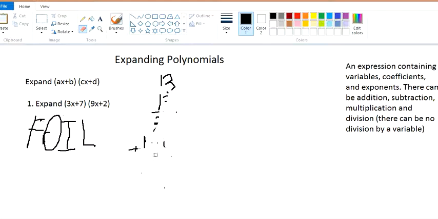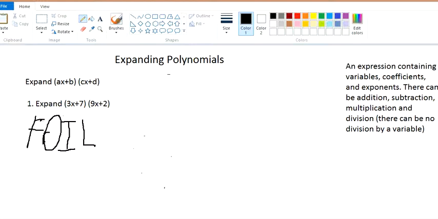Most of all because they do not involve a lot of numbers. Let me clear my space up here. Find a better way to do this. Alright, so in applying FOIL to (3x + 7)(9x + 2), firstly we apply FOIL by multiplying the front.